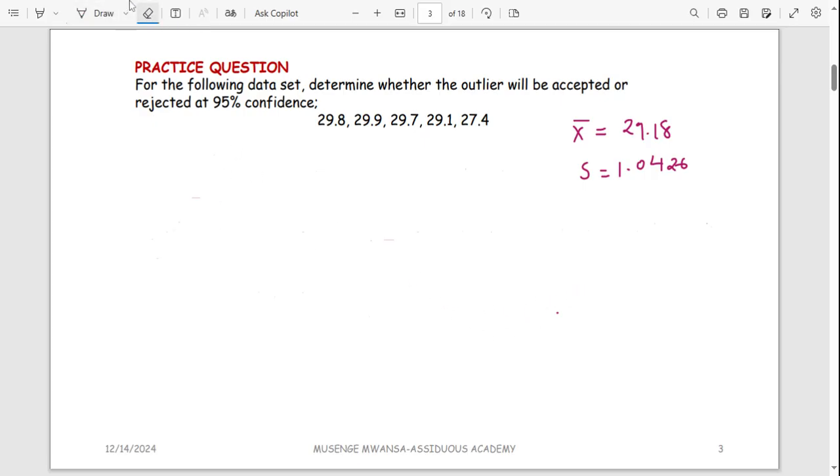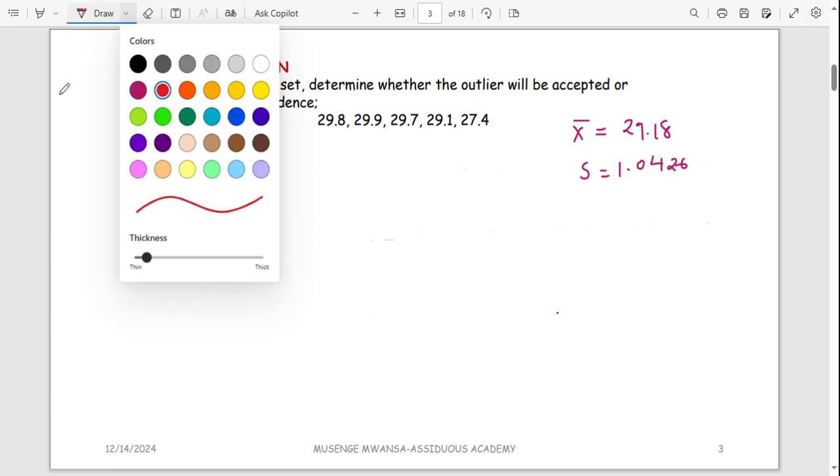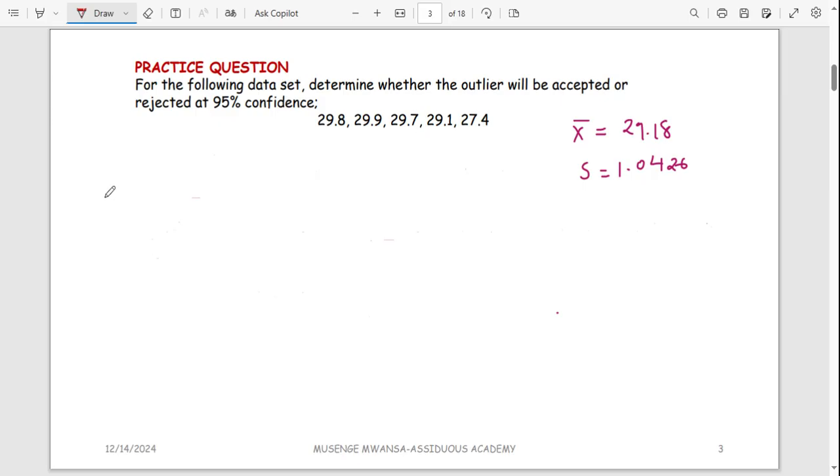So we have got what we call G calculated. So we are going to calculate the G value. Remember, this is a G test. So we have got G calculated, the one that we are calculating. And G calculated is given by the absolute value of the outlier. You remove the mean, and then you divide by the standard deviation.